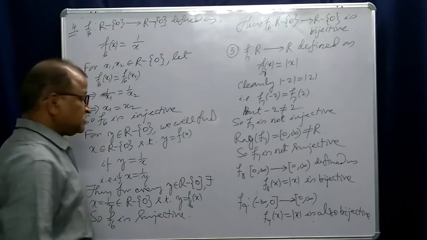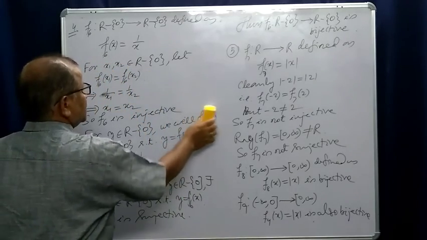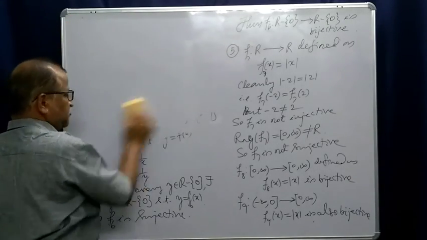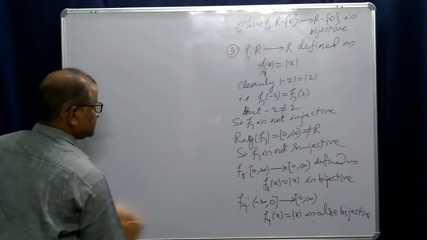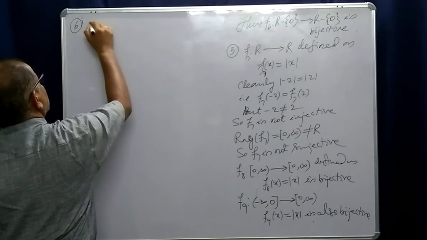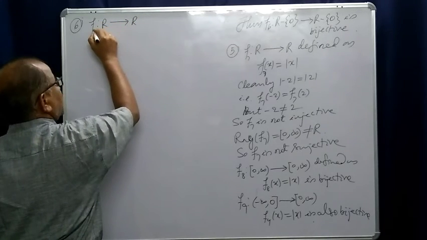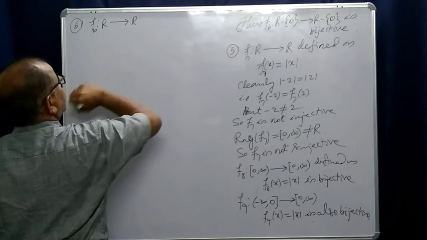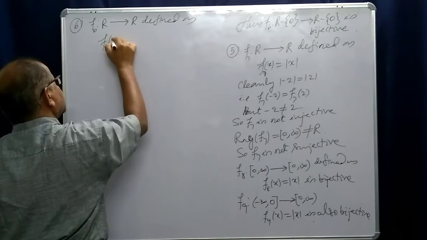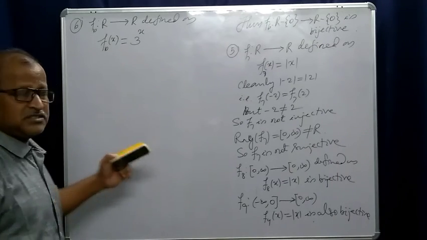Let us discuss the sixth one, which is your exponential function. Let f10 be a function from R to R defined as f10(x) is equal to 3 to the power x, an exponential function. 3 is a positive number.